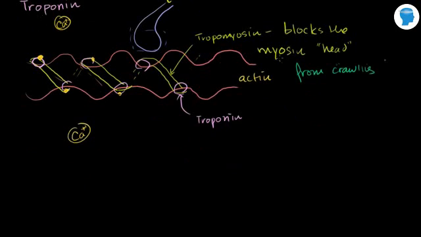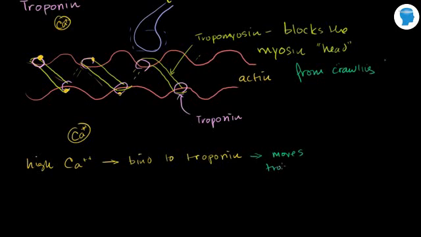So normally tropomyosin blocks, but then when you have a high calcium ion concentration, they bind to troponin, and then the troponin changes its conformation, so it moves the tropomyosin out of the way.